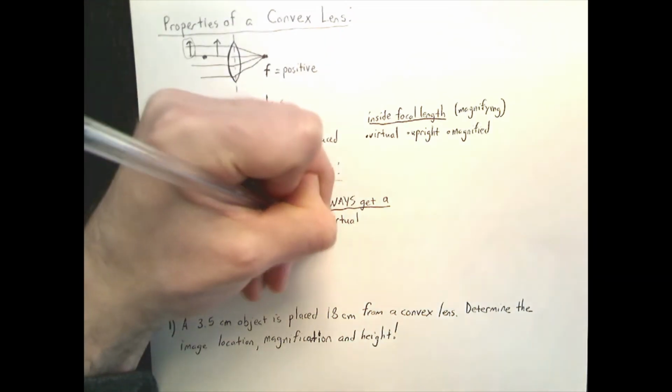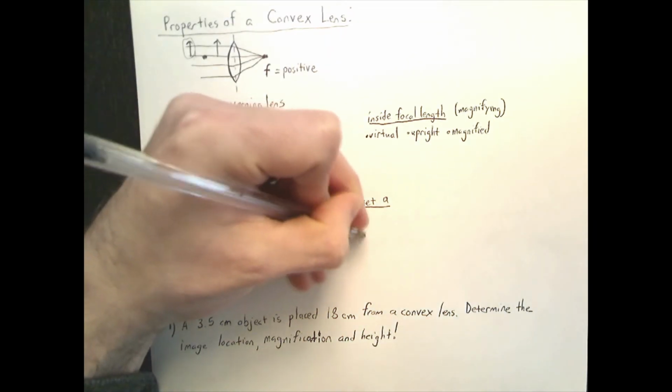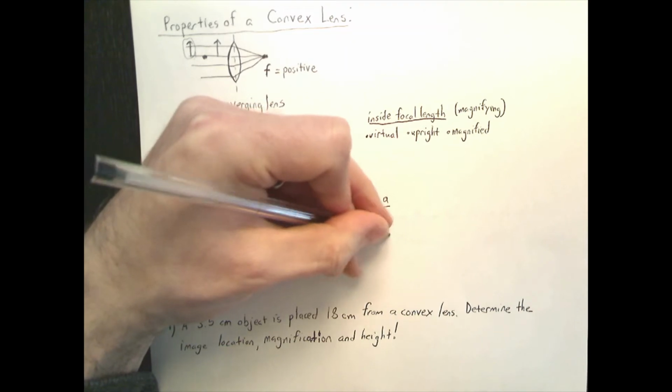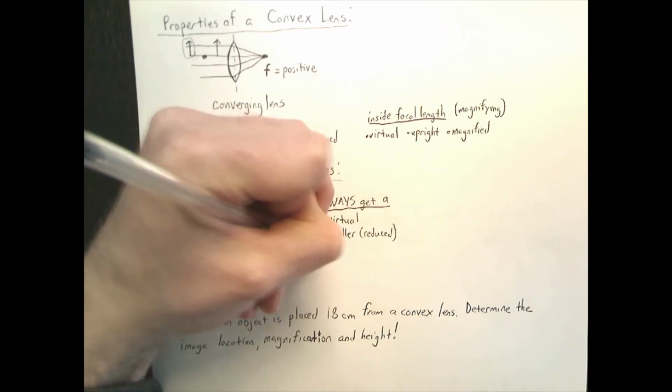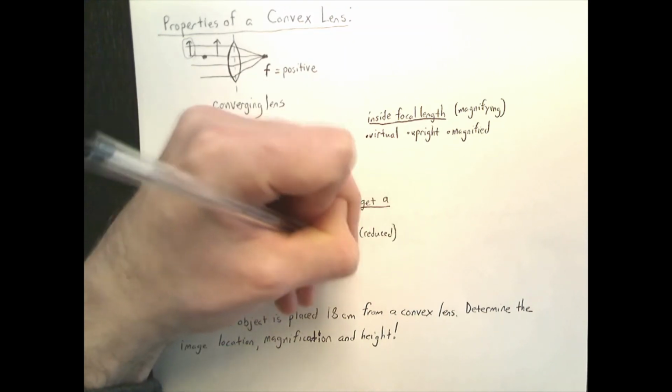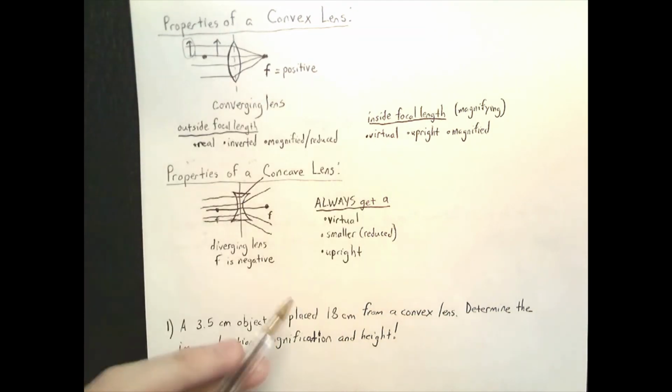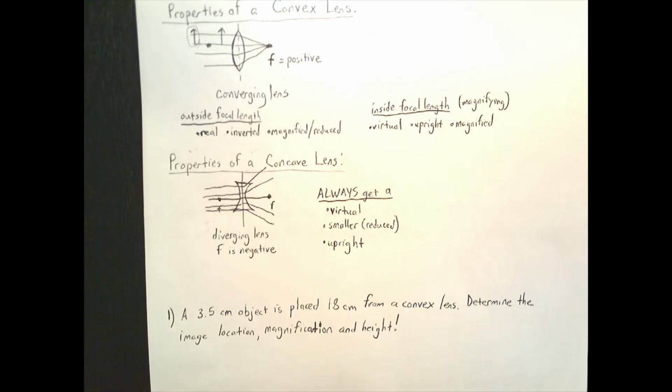It's going to be smaller, or reduced as we call it in lens speak, and it is going to be upright. So with a concave lens, you always have a smaller virtual upright image, but you cannot project that image onto a screen. A concave lens has a negative focal length, spreads the rays out, and is always virtual, smaller, and upright.